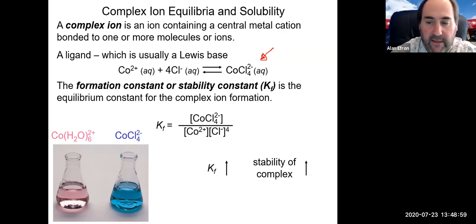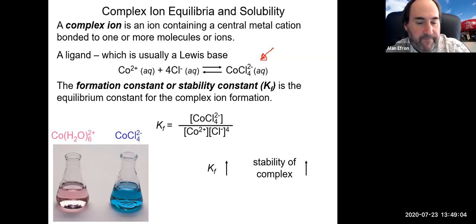Now that we've done the last chapter, we can figure out how to name all these. You should be able to name that one right there as tetrachlorocobalt(II) ion, just like hexaaquacobalt(II) ion for the one on the bottom left of the slide.